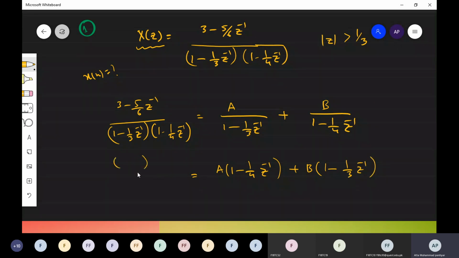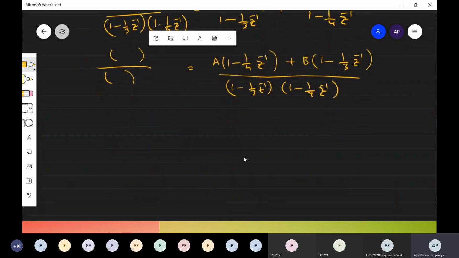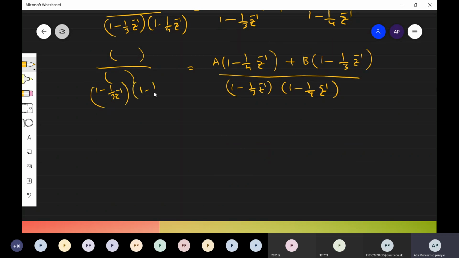And this whole term is available here: 1 minus 1 upon 3 z inverse and 1 minus 1 upon 4 z inverse. Now if I write the denominator part only, you can see this term cancels out because it is divided on the left and right hand side.